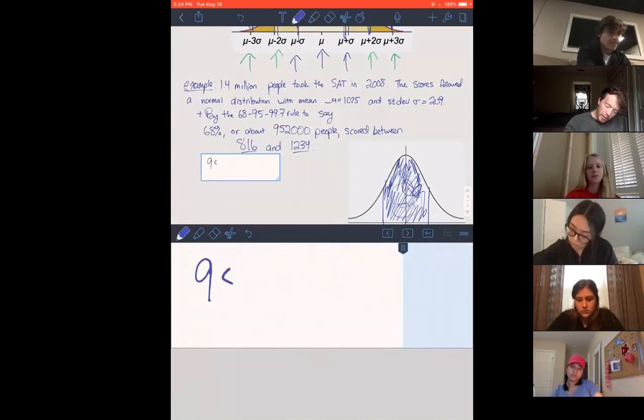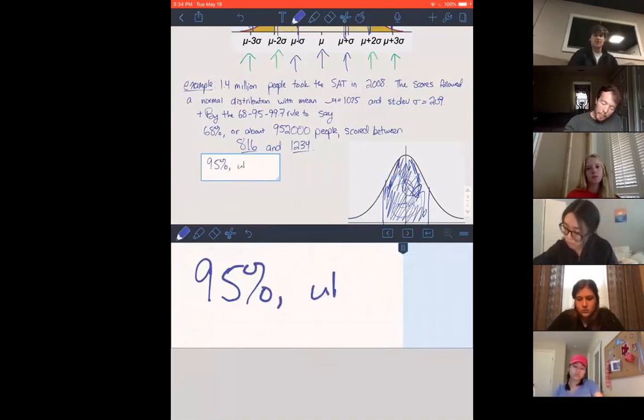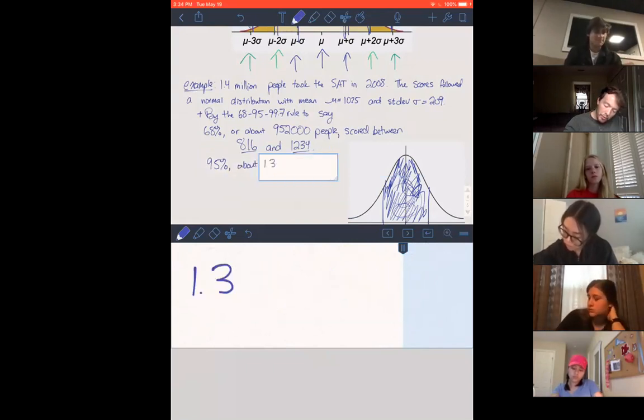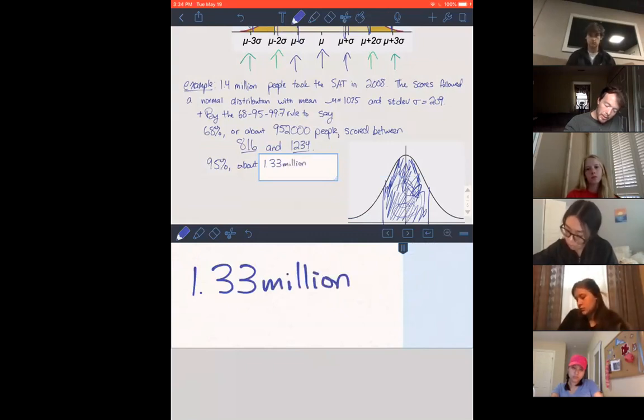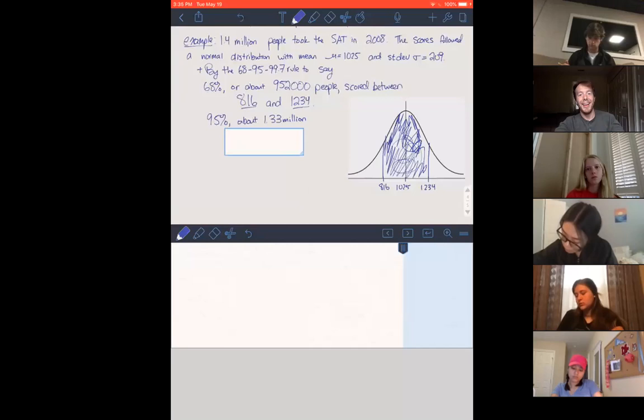Similarly, if we wanted to look at 95% of people, this would be about 1.33 million. We would say they scored between, and I think actually I've written down these numbers and hilariously I think they are wrong. So let me check it real quick. We want to take 1025 minus 2 times the standard deviation.